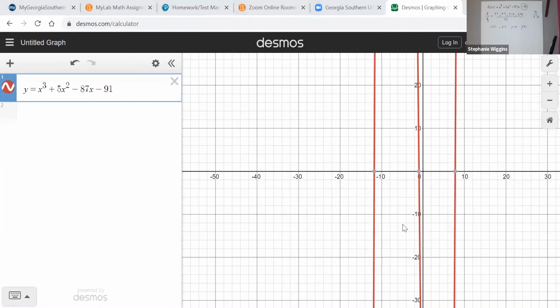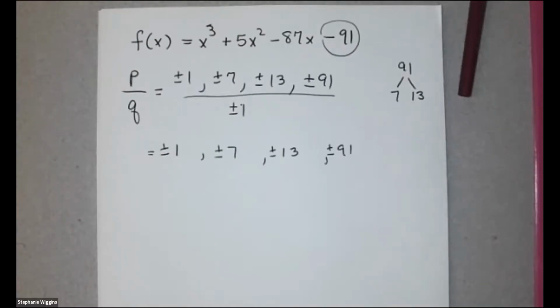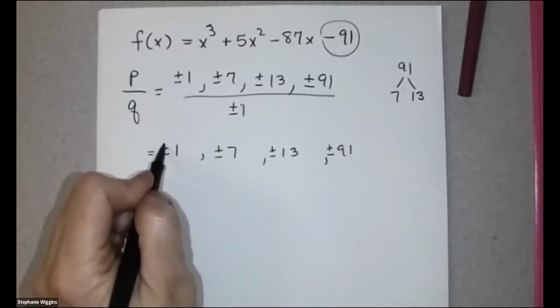Wait, why is there a negative 1? Well, let's do this problem. Let's actually find the zeros. So we have our list of possibilities, and we can see one of the rational zeros is negative 1. Okay, we can see that right there. The x value is negative 1. So let me go back to the problem. And there, negative 1 is in our list.